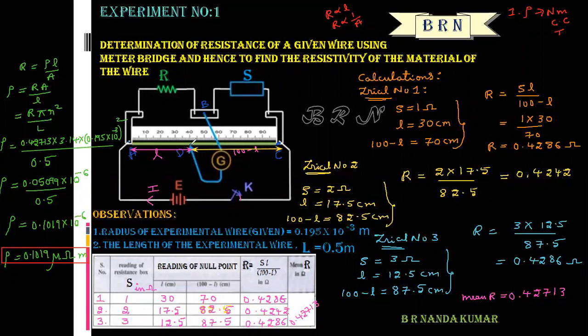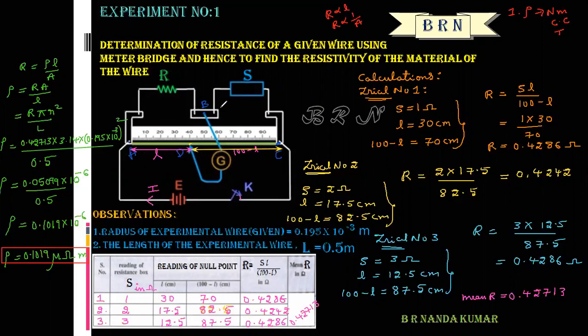That particular point D is called the balancing point, and the corresponding length from A, AD, is the balancing length. D is the null point.